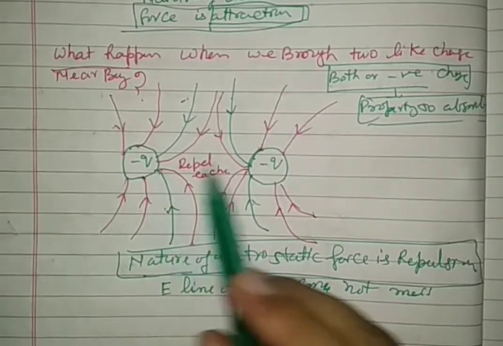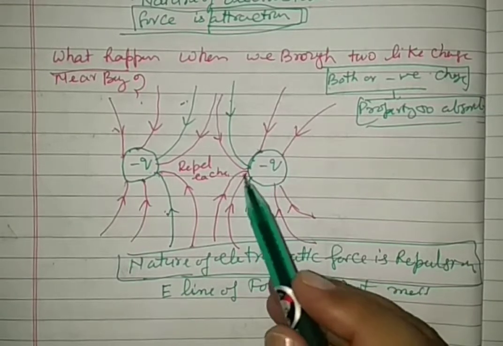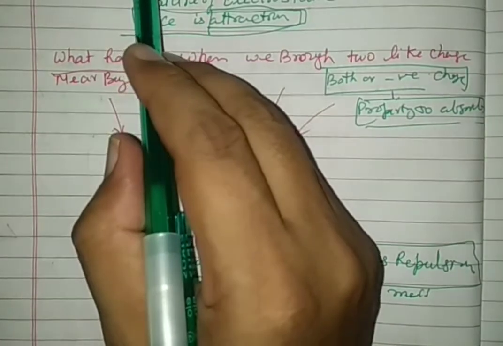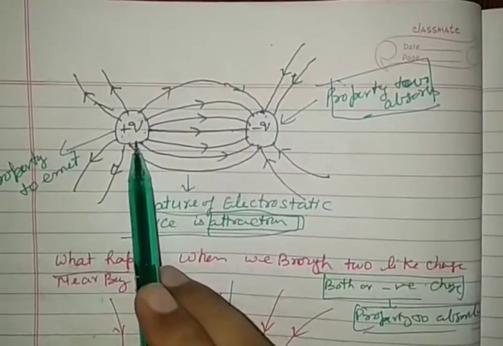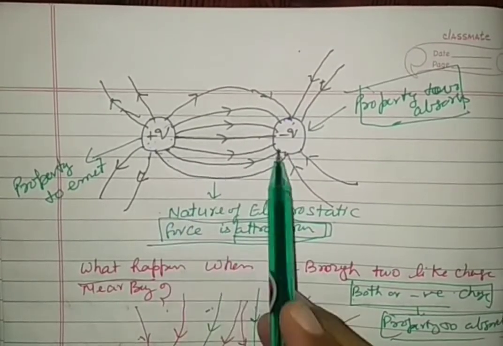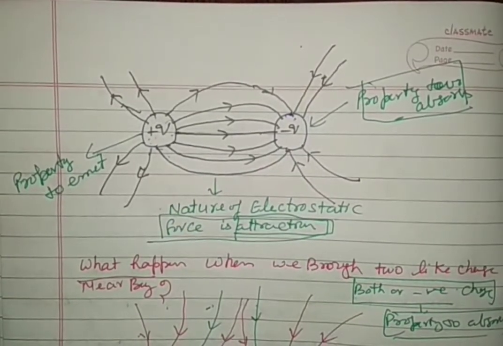This is either two negatives brought nearby or two positives brought nearby. And in this case also, if two opposite poles of a bar magnet are brought nearby, then a similar situation arises.